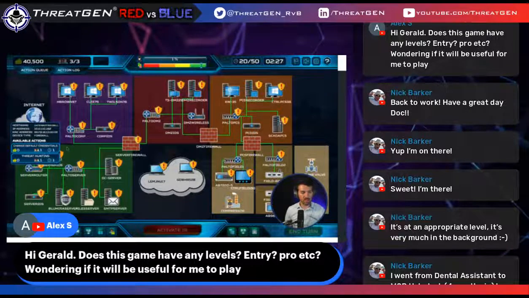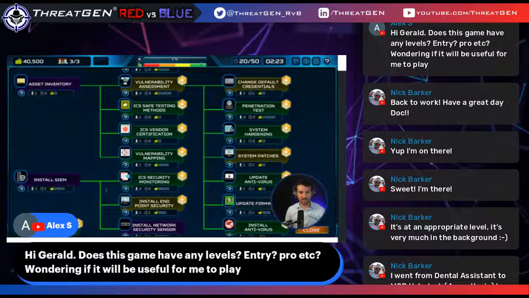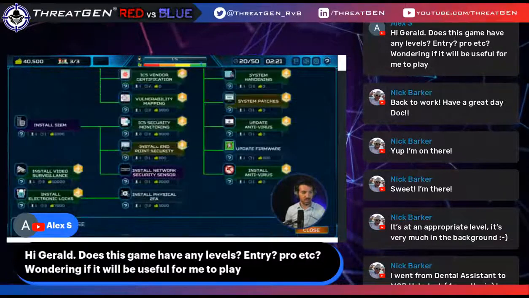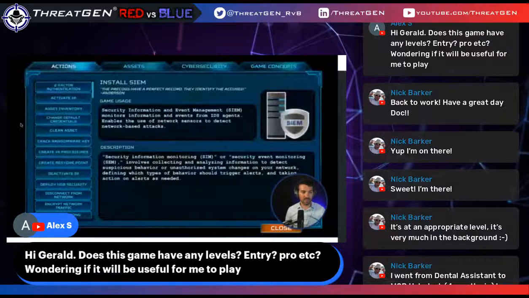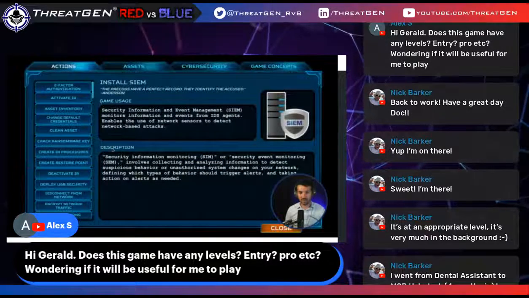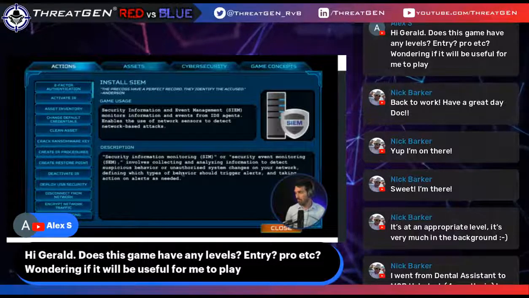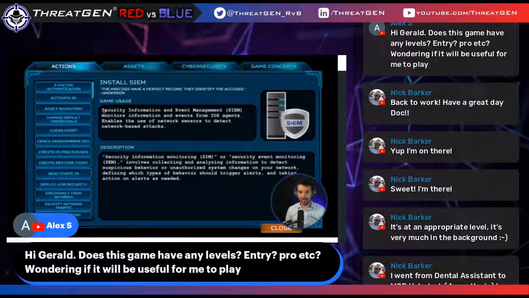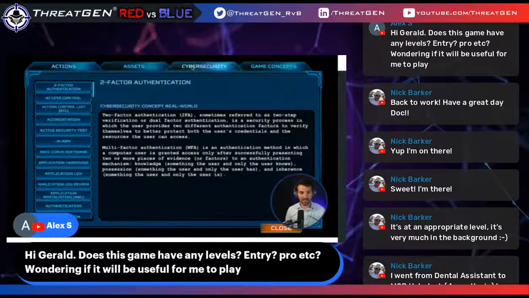But you can look at the different activities you can do. These things unlock as you move things. So you could say, okay, install SIEM. What's the value of a SIEM? You can click on this question mark and it tells you what a SIEM is in real life, in practice, and then how does it work in the game itself, right? So it has that value.